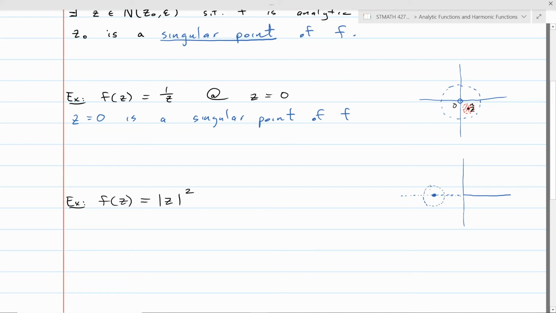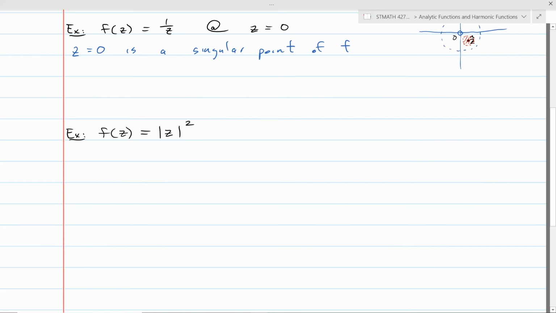Every time you draw a neighborhood around this point, you're going to have this dotted line going through the middle of it where the function's badly behaved. But if you move away from that dotted line on the axis, to some point there, then you can find a little neighborhood around it where the function's well behaved. This is the sort of thing we'll see a little later. So we can get singular points that happen in a row.